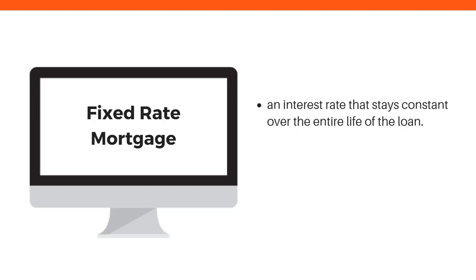All right, fixed rate mortgage. This is an interest rate that stays constant over the entire life of the loan. So when you get a fixed rate interest rate, it is locked in. You are good to go for the duration of the loan. So if you get a 15-year loan or a 30-year fixed rate loan, you'll keep that same interest rate the entire time. So you don't have to worry about interest rates going higher in the mortgage market.